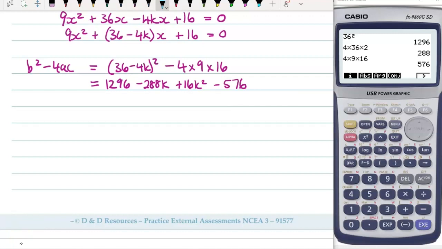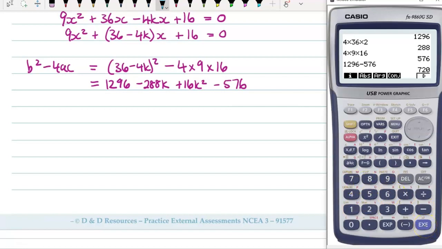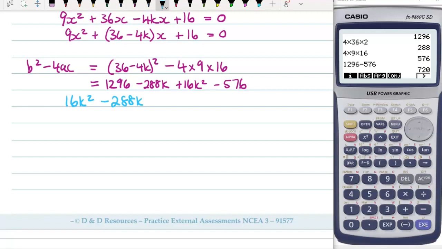So we end up with 1296 take off the 576 is 720. So we'll get 16k squared minus 288k plus 720.